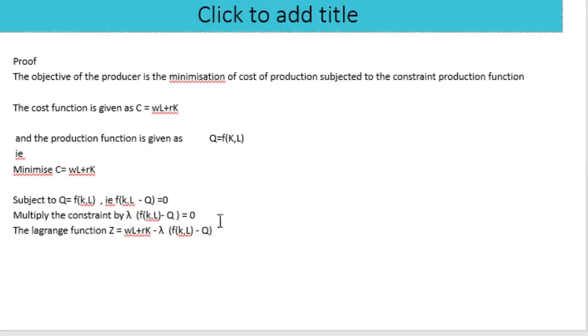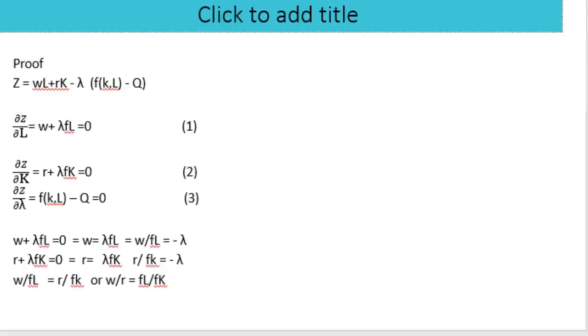Derive the partial derivatives and take the first order condition, derive the second order condition, in order to derive the cost minimization conditions. This is the objective function. This is the new Lagrange function, and take the partial derivative of this function.